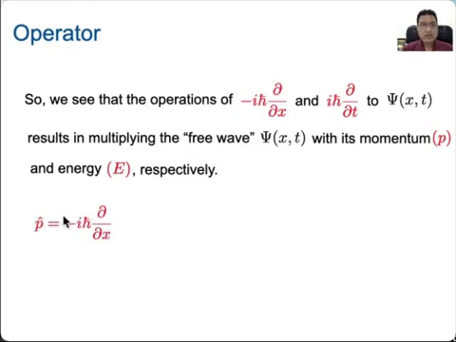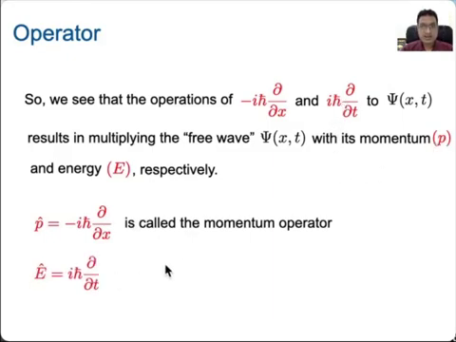So we can call this function an operator. This is called the momentum operator because it gives the momentum of a particle, and this quantity I can call the energy operator, because it gives you the energy of this function. Now the momentum operator can be written as minus iħ d over dx, and the energy operator is written as iħ d over dt.